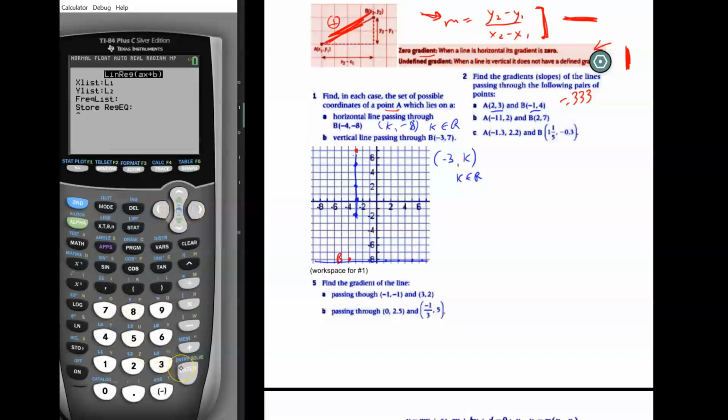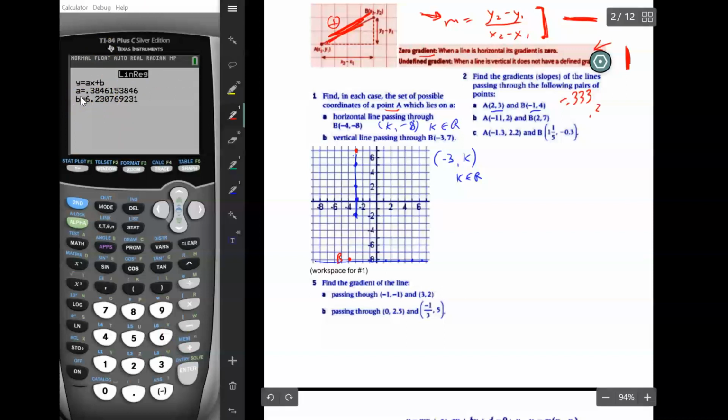Linreg is option 4. And L1 and L2 is what I want. Calculate. And in this case, I'm going to look for the a value, not the b value. The b value is the y-intercept. So I'm looking at the a value. My a value is 0.385. Positive 0.385, right?